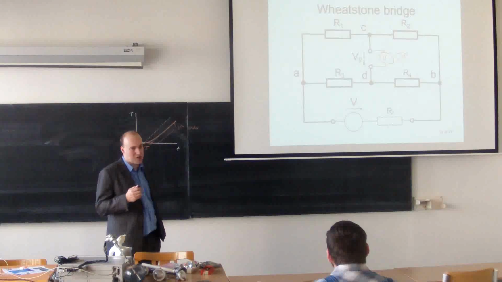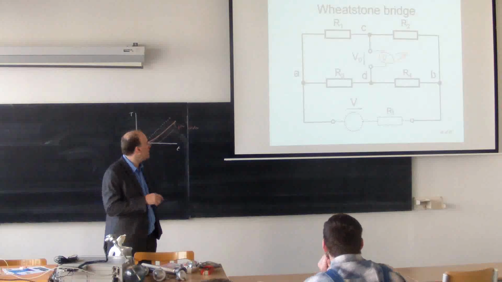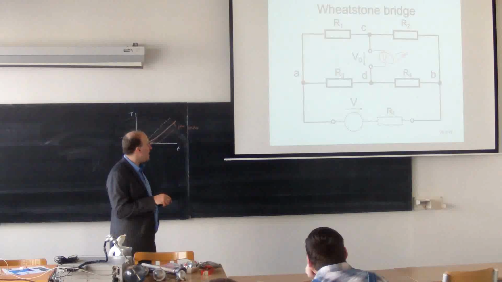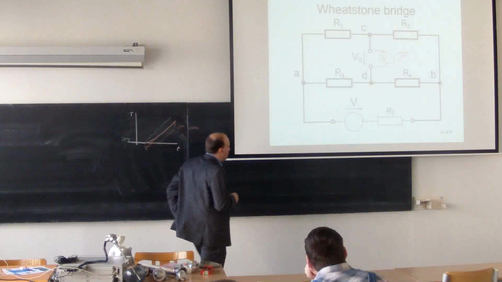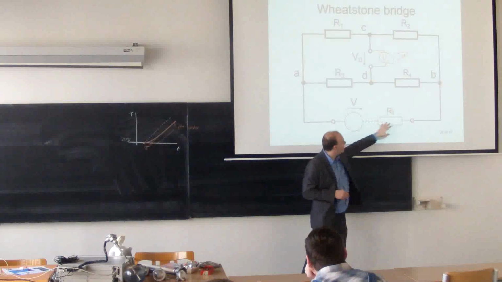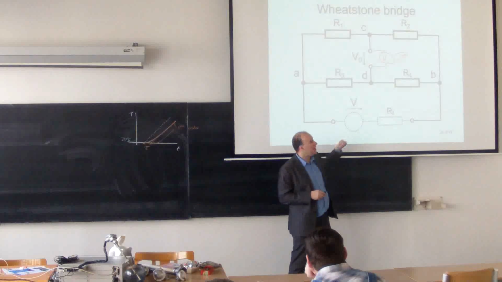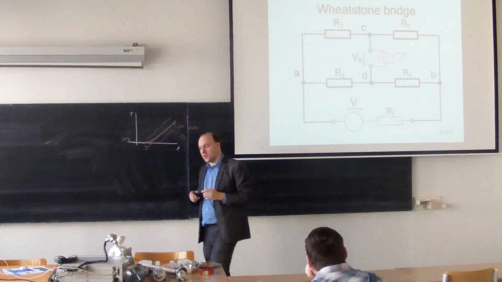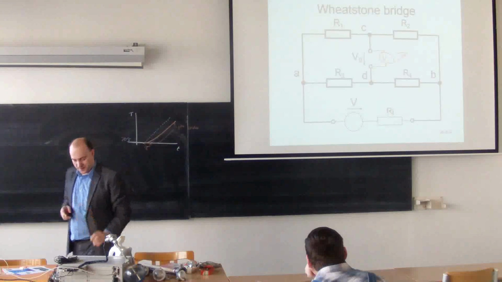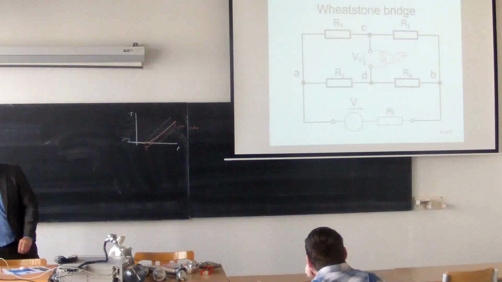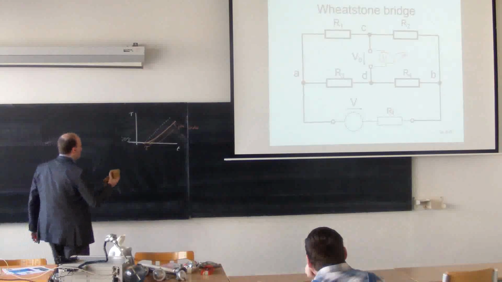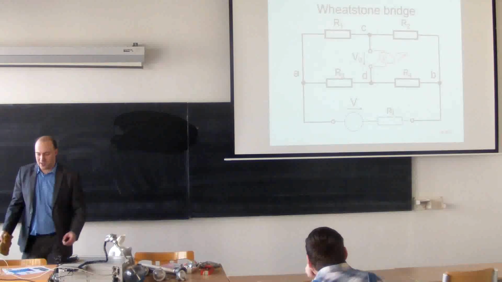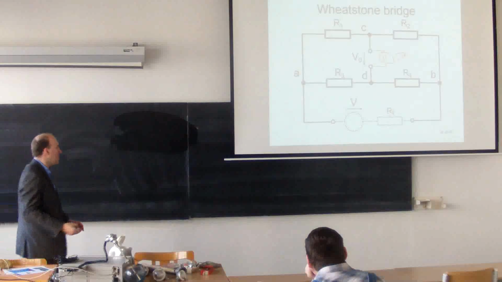Four resistors. I assume it's a DC bridge. So R1, R2, R3, R4. I need some power supply voltage connected to some of those terminals, and I will have a voltmeter showing the voltage on the output. So I will just simply draw it on this figure so that I can show you what we can do with the bridge.